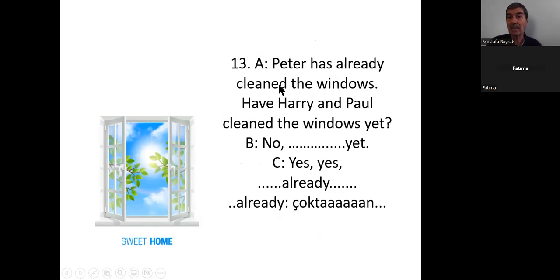Dialogue 13 now. A, Peter has already cleaned the windows. Has already. Peter has already cleaned the windows. Have Harry and Paul cleaned the windows yet? No, they haven't cleaned them yet. No, they haven't cleaned the windows yet. She says again, you are wrong.